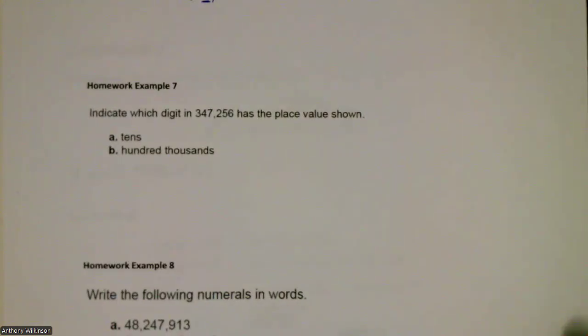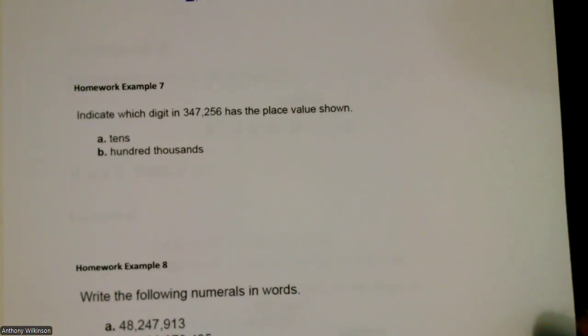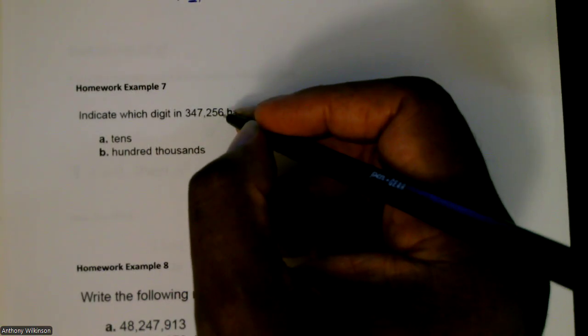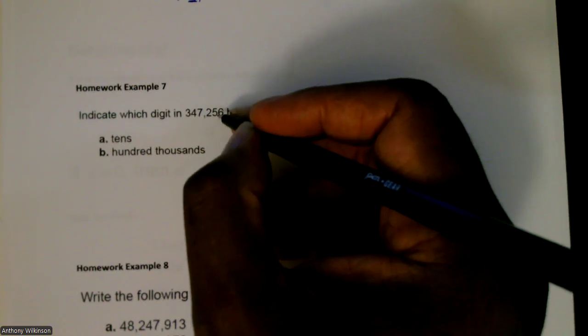In example 7, let's say we want to identify which digit is in the place value shown. Like for this number 347,256, we want to know what number is in the tens place. And this is part A. So we're going to start with the last digit and go to the left. That 6 is in the units place. The 5 is actually in the tens place. So that tells me the 5 is in the tens place.